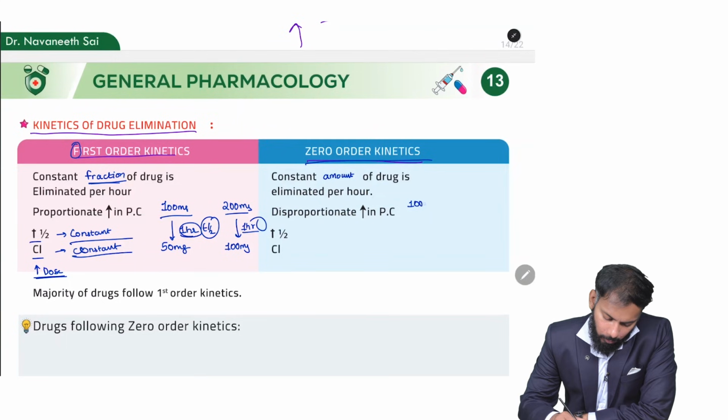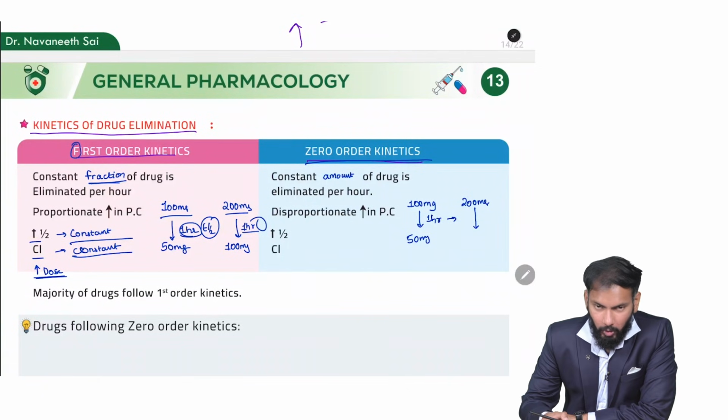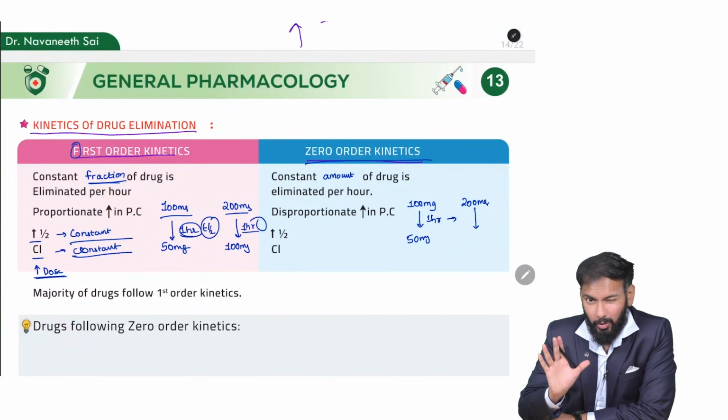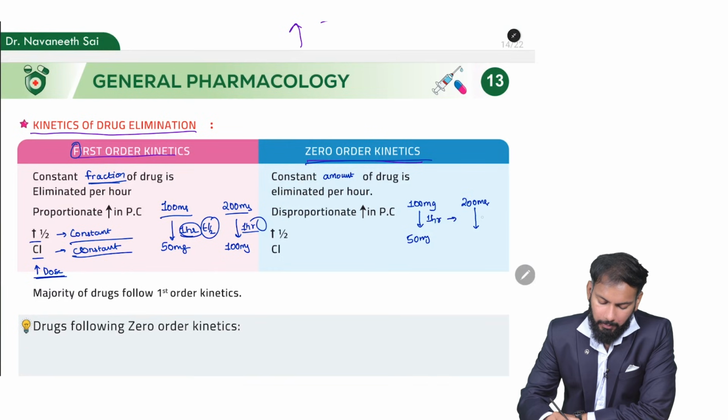Now coming to the zero order kinetics, I am telling you a constant amount of drug is eliminated. Let us suppose 100 mg is becoming 50 mg in 1 hour. Now I increase the dose, I made it 200 milligram. Now a constant amount, only 50 milligram, can be excreted here, so it will become 150 mg.